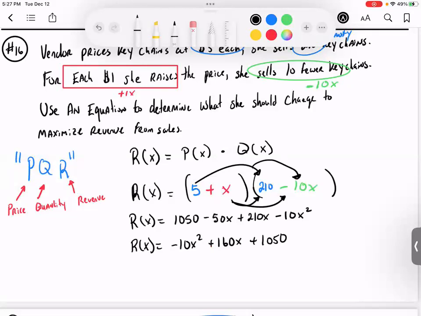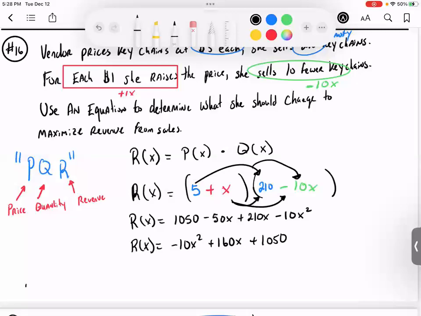Okay. All right, we got our revenue function. Now we're ready to solve. Now, when we look at trying to maximize our revenue from sales from the quadratic function, the maximum value should occur at what location? Anybody know? If you look at a quadratic, like let's say I drew a parabola.